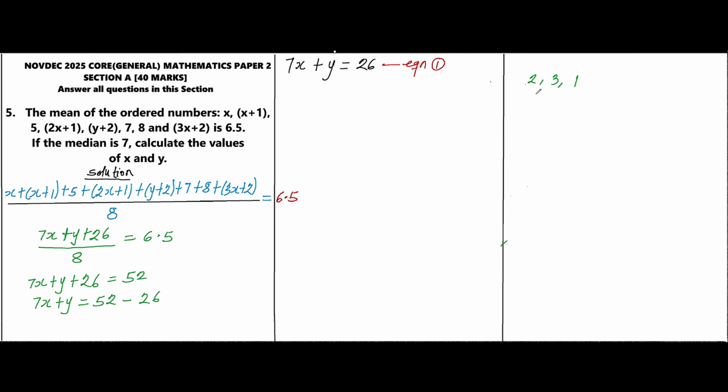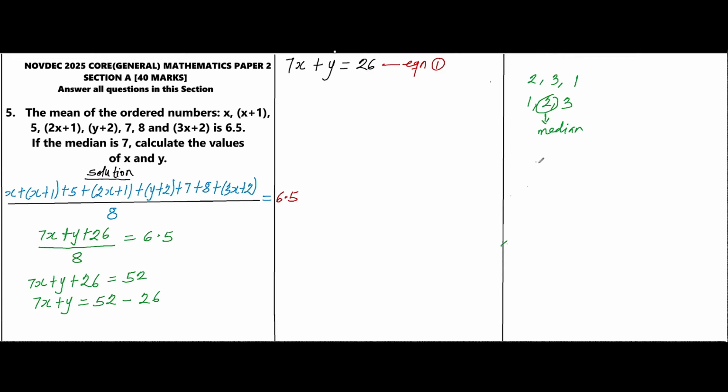First of all, we need to rearrange them in order. You can choose to arrange them either in ascending order or descending order, where ascending order means from the smallest to the highest number. I prefer arranging it in ascending order. So in ascending order, I have 1, 2, and then 3. So the middle number becomes the median.